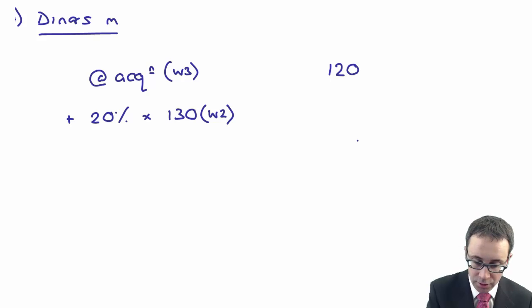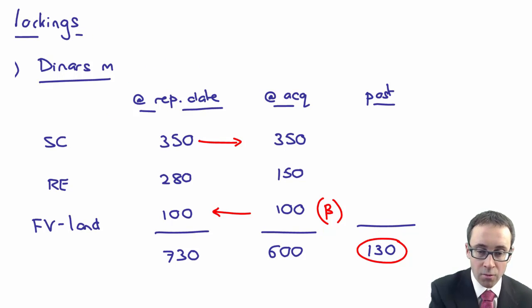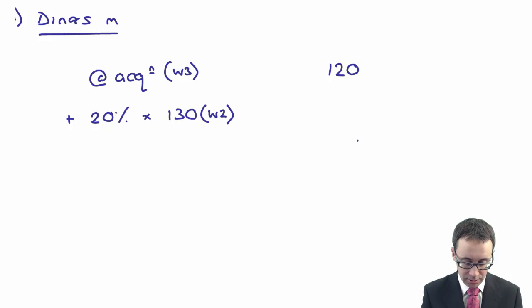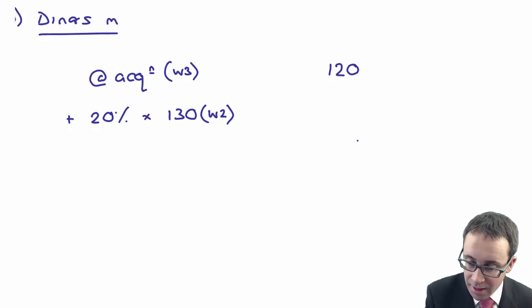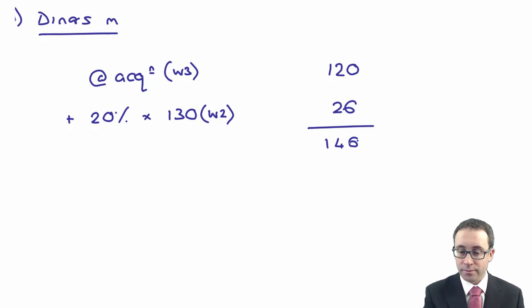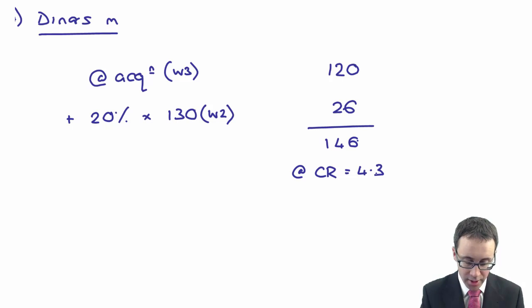Again, if you're unsure, let's just go back and check. There we have it. You can see you've got 130 as the post-acquisition movement in the net assets. So that's 26. Adding those two together gives you 146. Again, we need to look at that at the closing rate, which is 4.3.